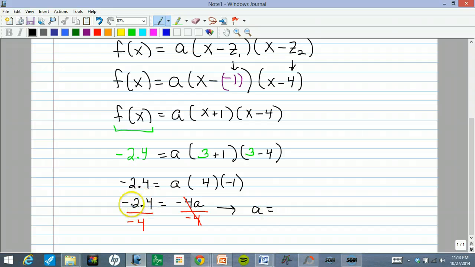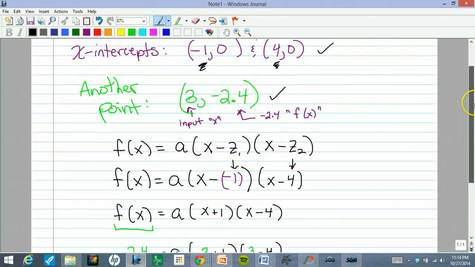If this was 24 divided by 4 it is 6, but it's not 24. It's 2.4. So I think of it in terms of money, $2.40. Divide that by 4. That probably is 60 cents. Yeah, that's what it is. So a is 0.6.